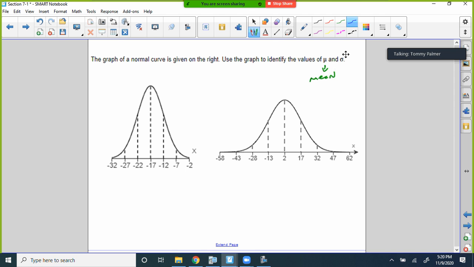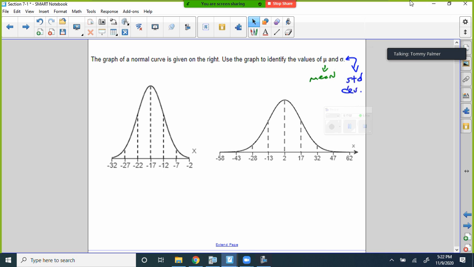And then this little symbol right here means standard deviation. Okay? So I'm going to give you about 45 seconds to look at that and decipher what you think the mean is and the standard deviation of those. And then we'll come back and look at it. Okay, so do both of them.